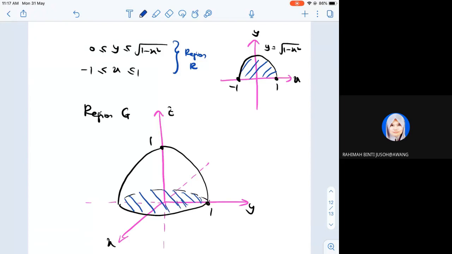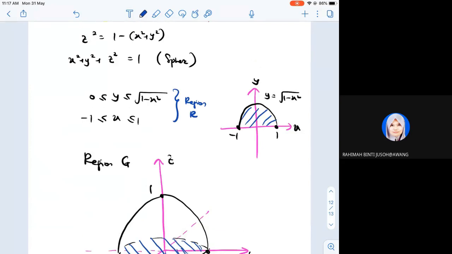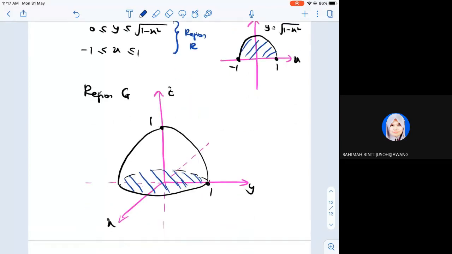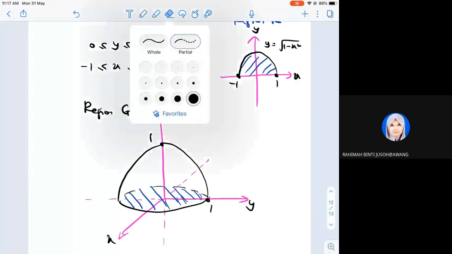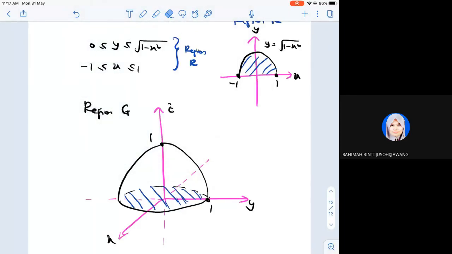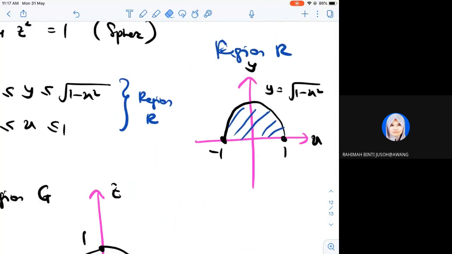However, our region R is only semicircle. So what happened guys? Only half of it. Yes, very good. So we don't have the negative part of Y. Sebab region R tak ada pun bahagian bawah Y tu.